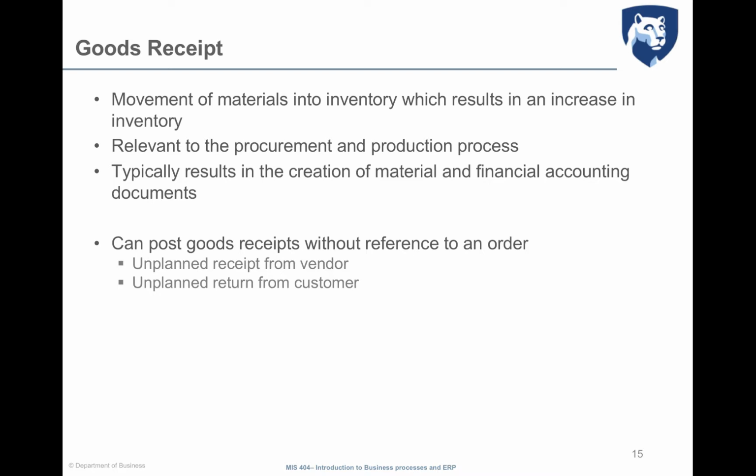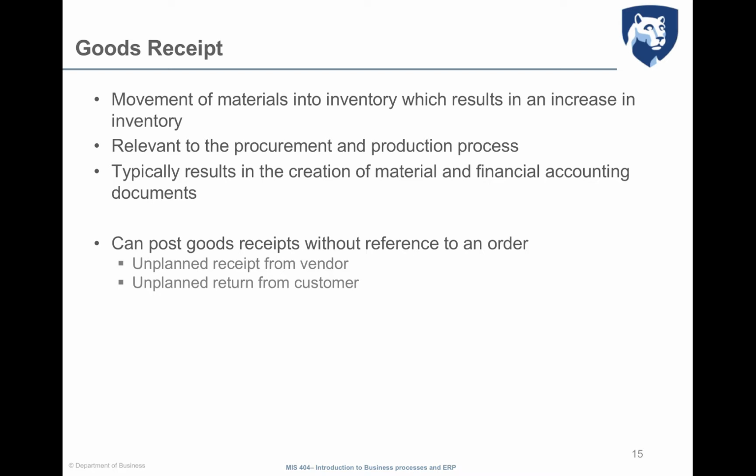And remember that whenever goods are received, there is not just a system transaction, but also physical activities needed to manage this type of goods movement, because once received, goods need to be placed in an appropriate storage location with an appropriate status, like unrestricted, quality inspection, and so on. So there is an administrative aspect of goods receipt, but also a physical aspect that needs to be taken into consideration.